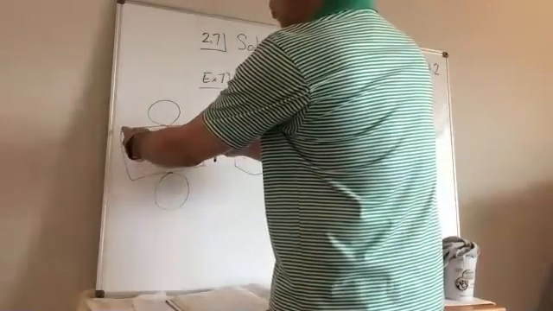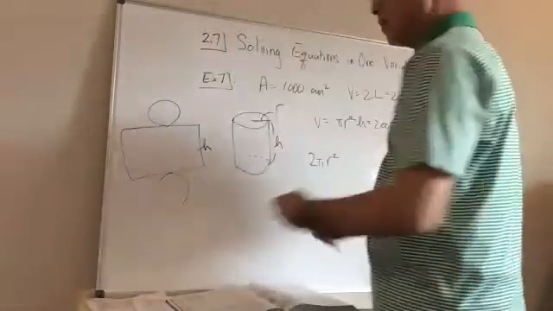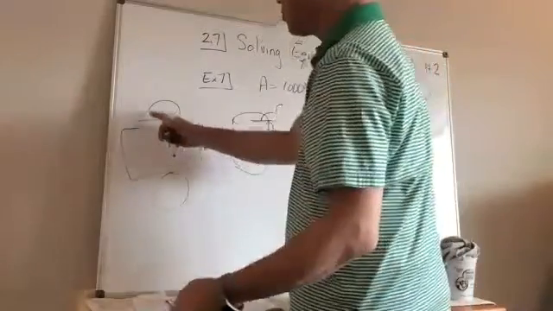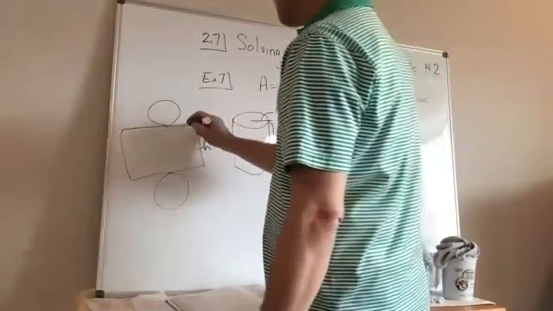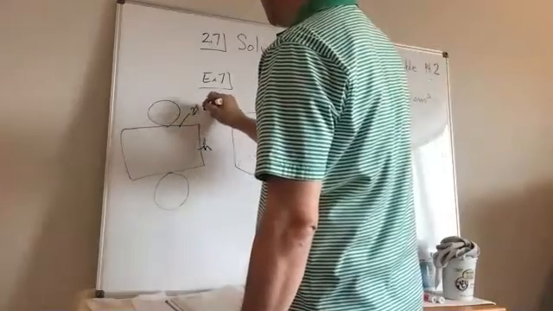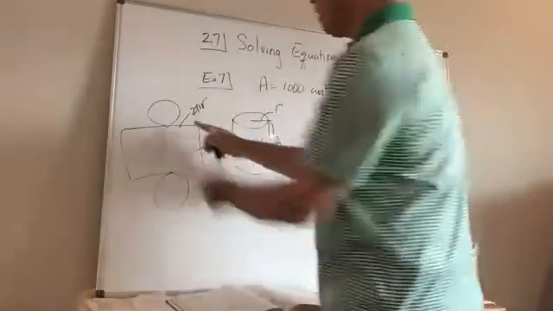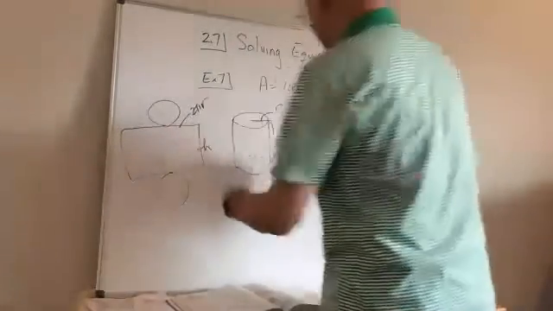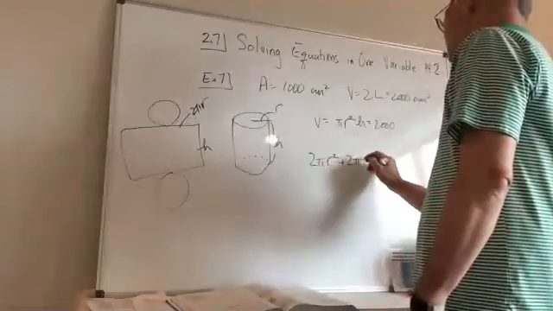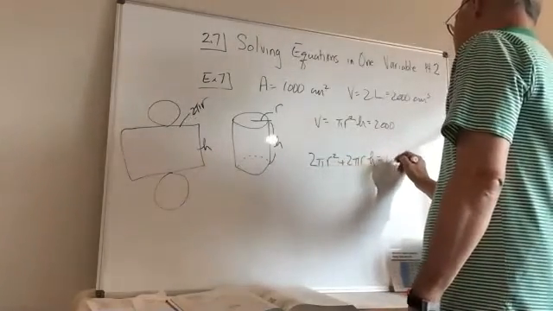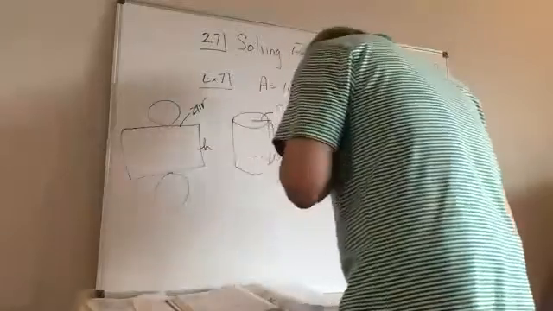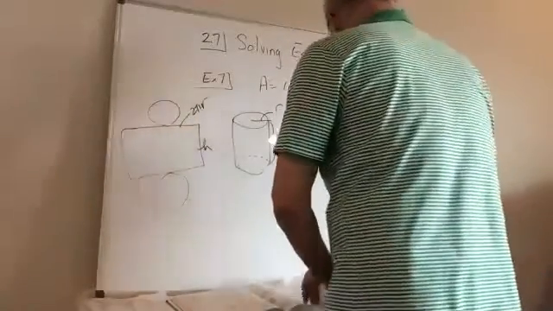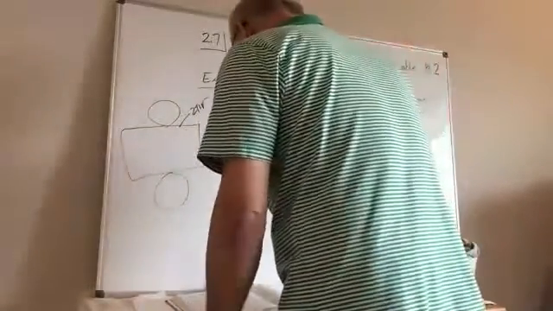And the length here is the same as the circumference of this guy, right? And the circumference of this guy is going to be 2 pi r. So I'm going to have 2 pi r times h, and this guy is 1,000. Okay? So where do I go from here?